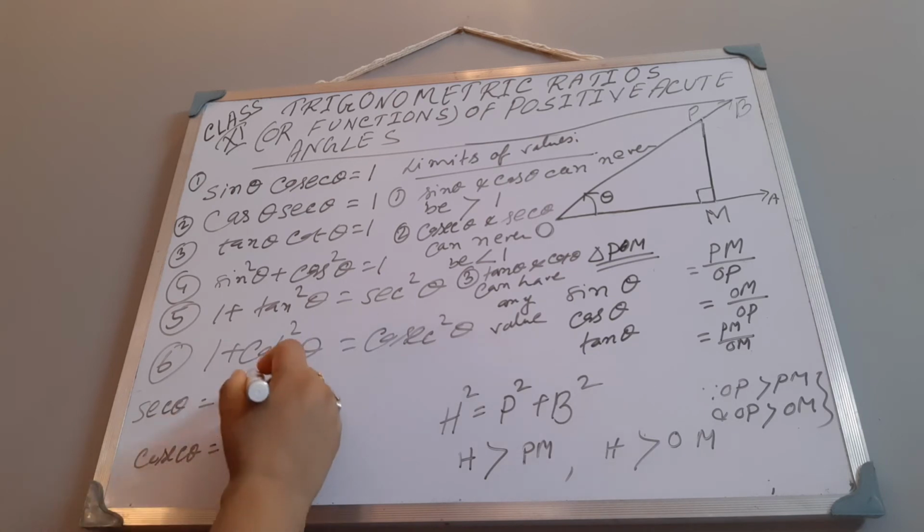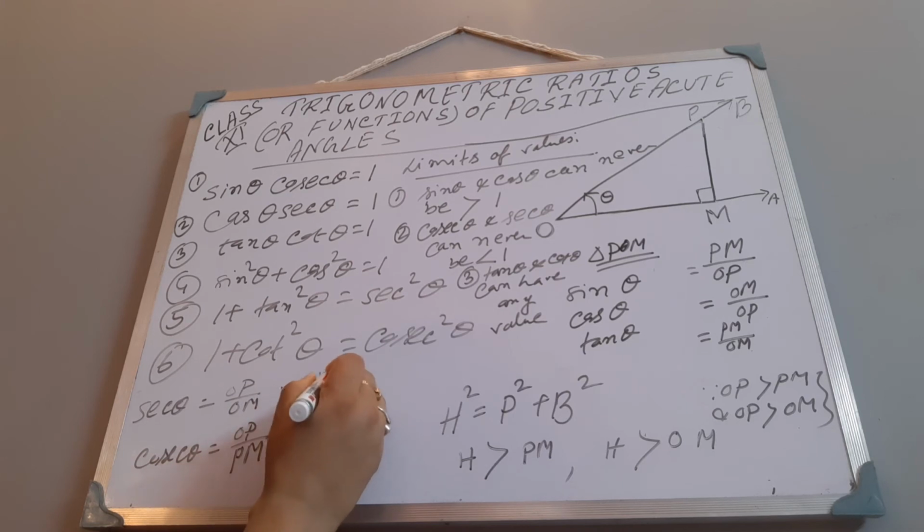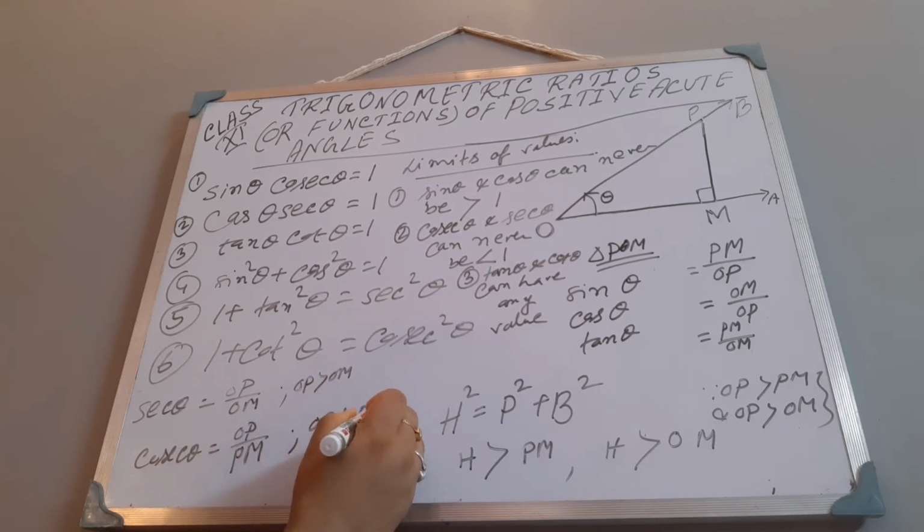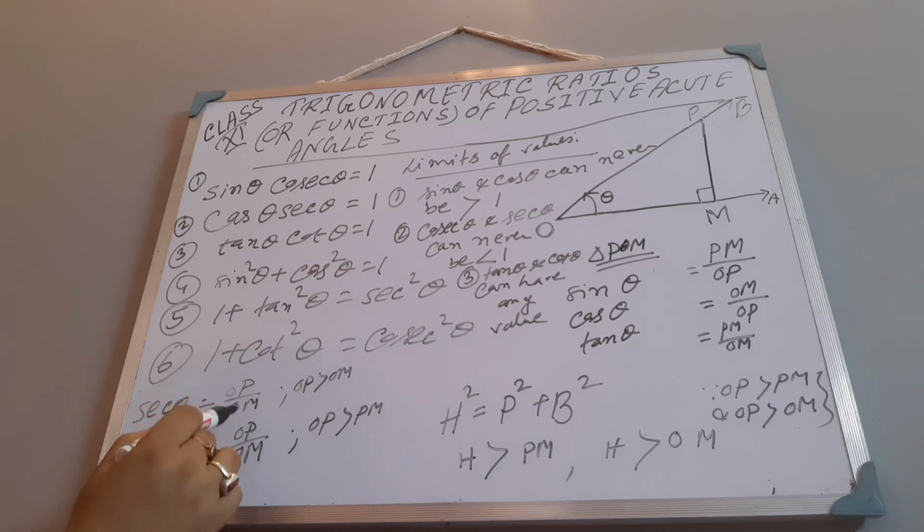Now we know the hypotenuse is more than OM and more than PM. OP is more than OM, and OP is more than PM. Got it?